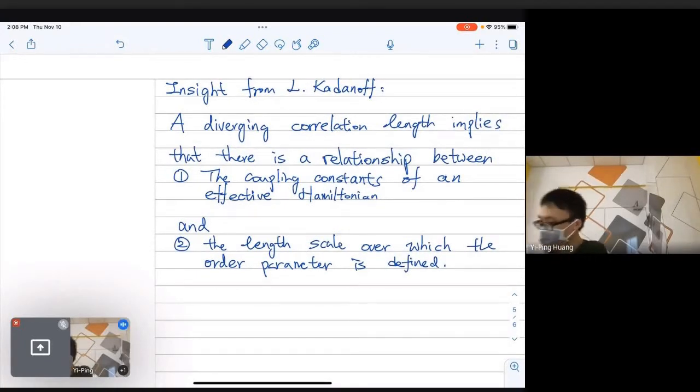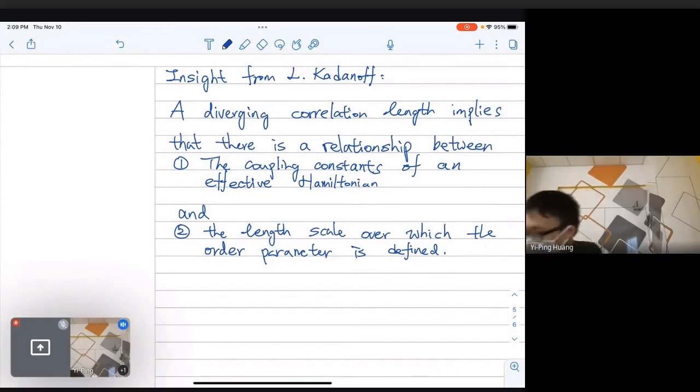It is not trivial to identify these two relations, but we'll follow what Kadanoff proposed and try to understand how these two things are related.